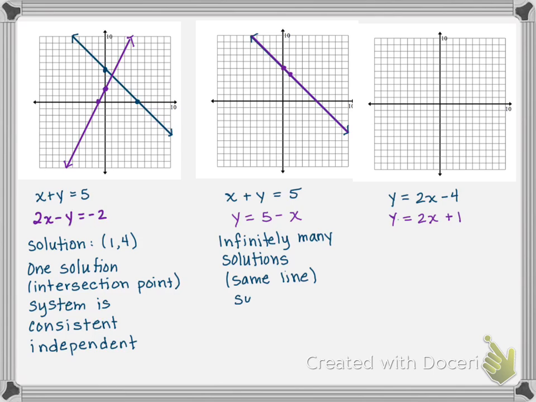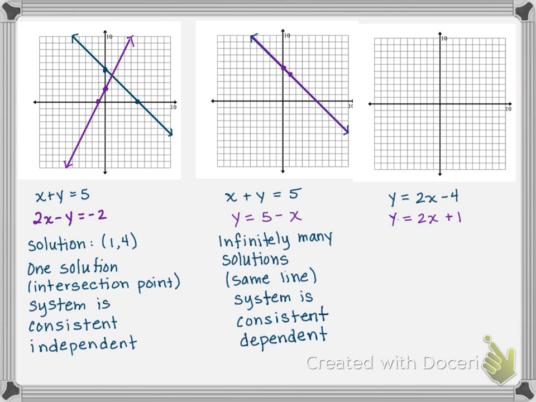So we will say this system is consistent. Remember, that means that it has at least one solution. So in this case, there's infinitely many. And it is dependent, because I don't have two separate lines.